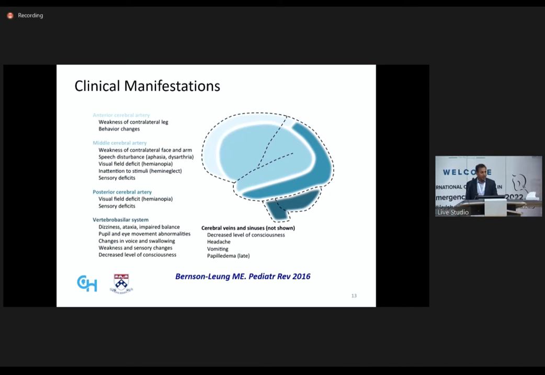You can have contralateral leg as well, contralateral face as well. Depending on the left or the right side, you might have aphasia, dysarthria, or sensory defects. With posterior cerebral artery, that is the occipital cortex, so you might have visual field involvement mainly. And with the vertebrobasilar system, like we mentioned earlier, headache, ataxia, altered mental status, eye changes.